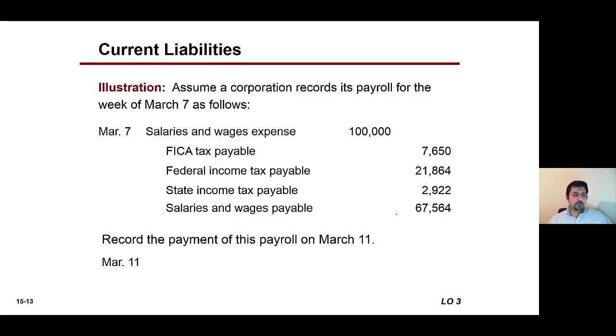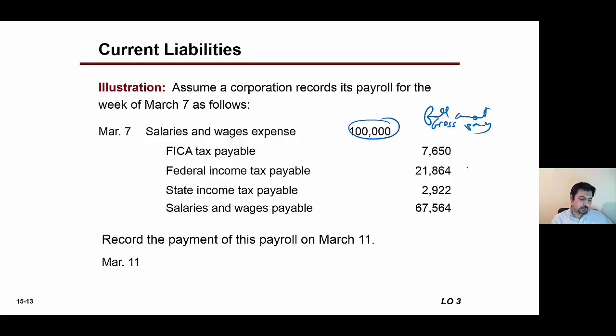So let's see how the company would record this. Assume a corporation records its payroll for the week of March 7 as follows. The company would recognize salaries and wages expense as the full amount, the gross pay.